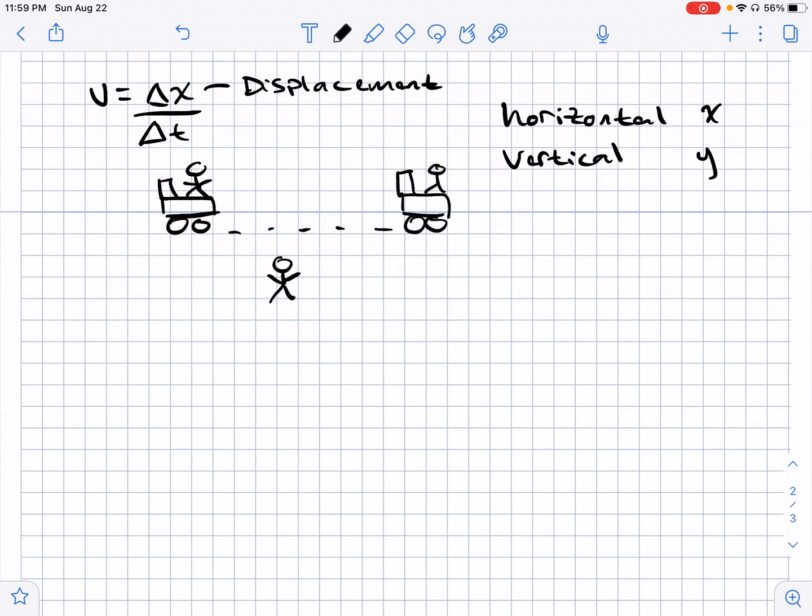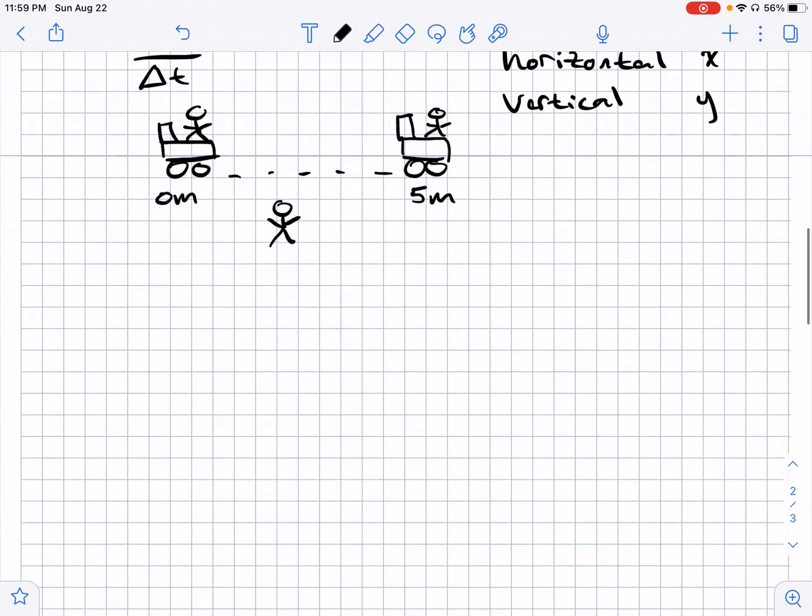If we ask the person in the back of the truck what the motion of that box was, from their perspective they would say it didn't move, right? And if we ask the person on the side of the road, they would say it moved from, let's say, 0 meters to 5 meters. So it moved 5 meters. So the motion of an object really depends on the observer. Okay, so you need to keep that in mind when we're studying the motion of an object.